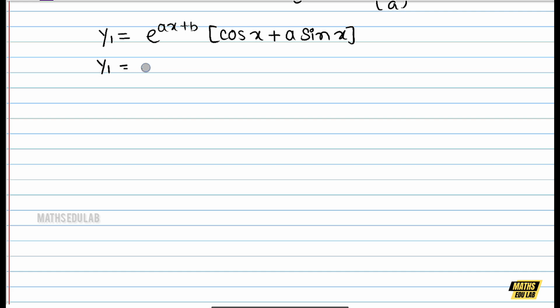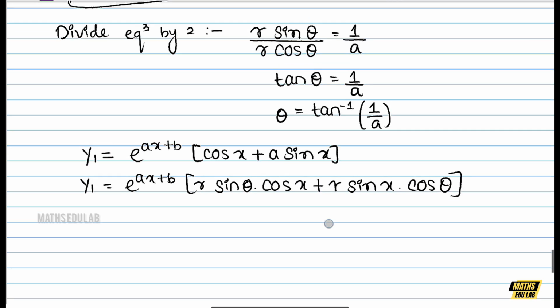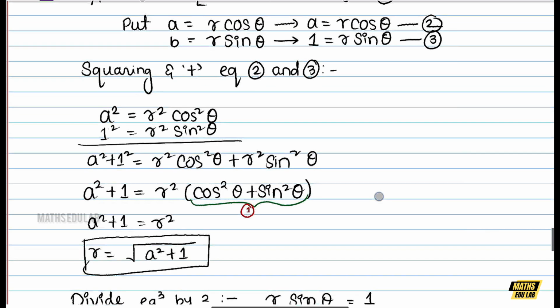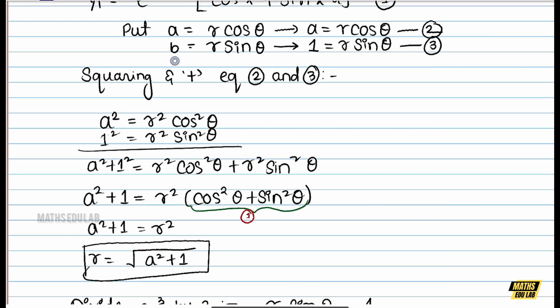So y1 equals e to the power of ax plus b, then r sin theta into cos x plus, sorry, the value of a was r cos theta, into sin x. Wait for a while, just check it out. As we have the value for a is r cos theta and for b r sin theta.